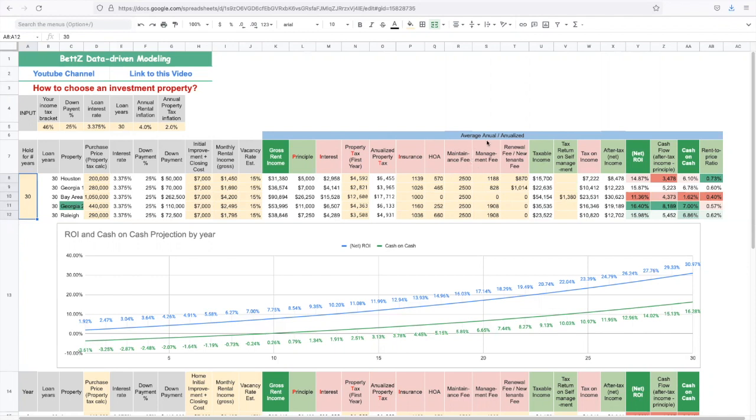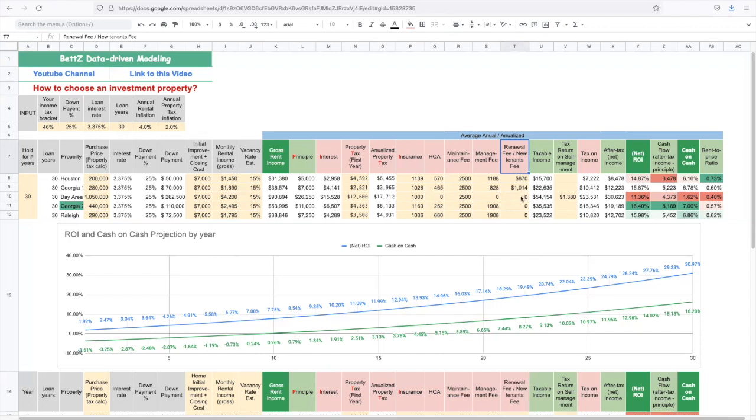The next two inputs, property management fees and renewal fees or new tenant fees, totally depend on which company you go with, what charging model you choose, or whether you manage the property by yourself.